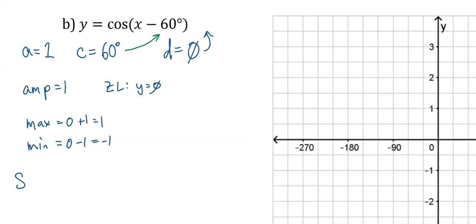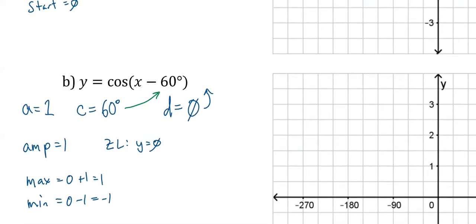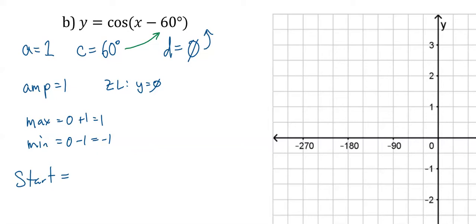But where's my start? Yes, it's going to be the max because it's cosine, good. Where's my start horizontally? This is the first time we're seeing this. I'm just going to write this down. This is a shift right 60. Right?